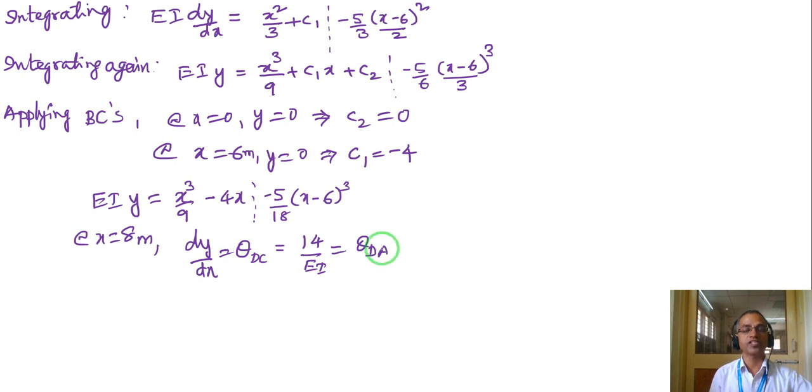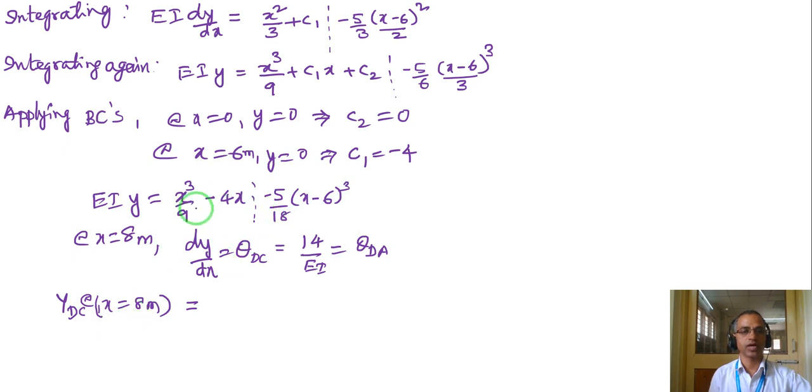Now the second one, we got theta dc, theta da. So what is the deflection at D? That is your ydc. So ydc is obtained by substituting x equal to 8 meter into this equation.